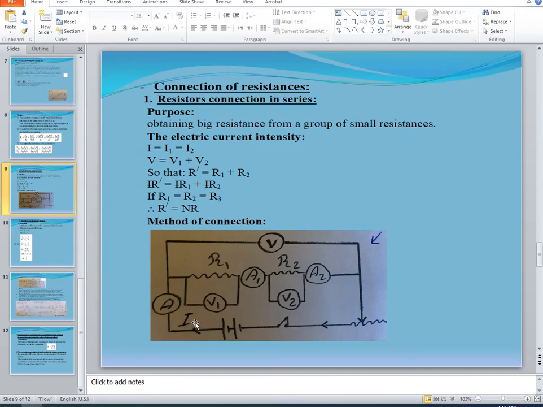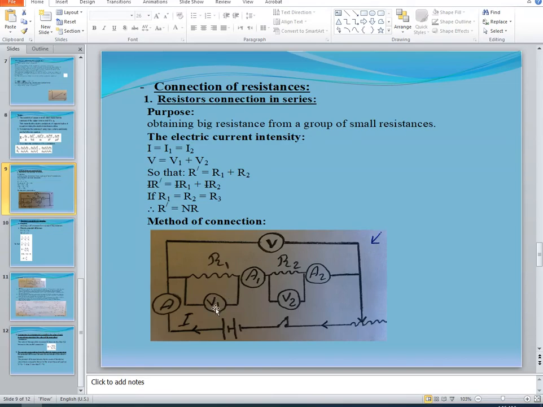This means the current I, which is produced from the battery, will pass through these two resistors, R1 and R2. So I here is constant. So we can say that I1 equals I2 equals I.